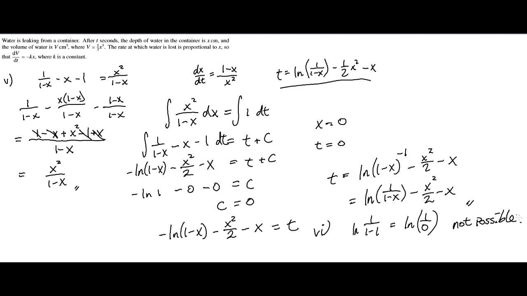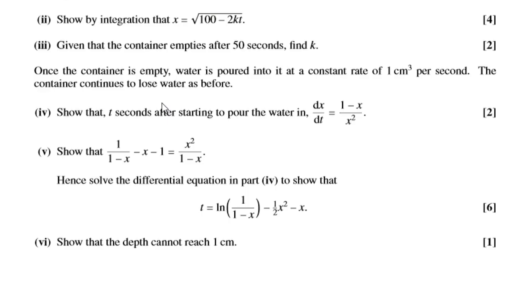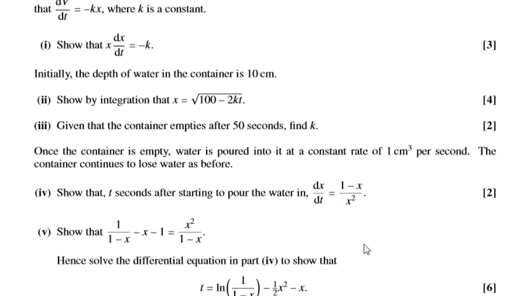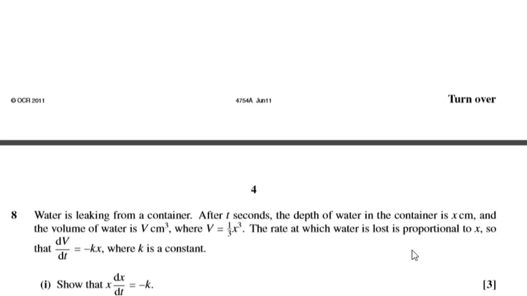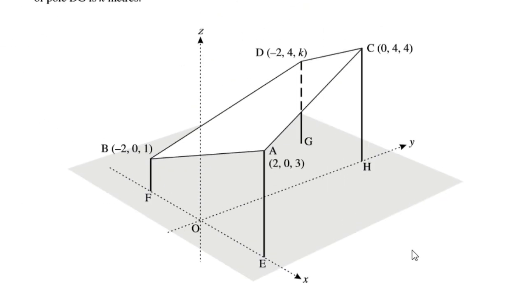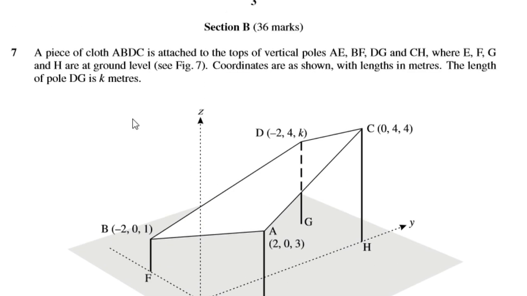So that's it for this paper. And that's it for this part for section B. And this core 4 paper is not that bad because everything is just textbook questions, especially this plain factor question.